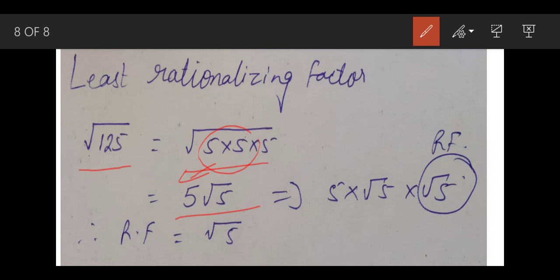If we multiply this 5 root 5 by this root 5, we will get a rational number, because 5 into root 5 into root 5 is 5 into 5, which is 25, which is a rational number. So the least rationalizing factor, or we can say the rationalizing factor of this 5 root 5, is root 5.